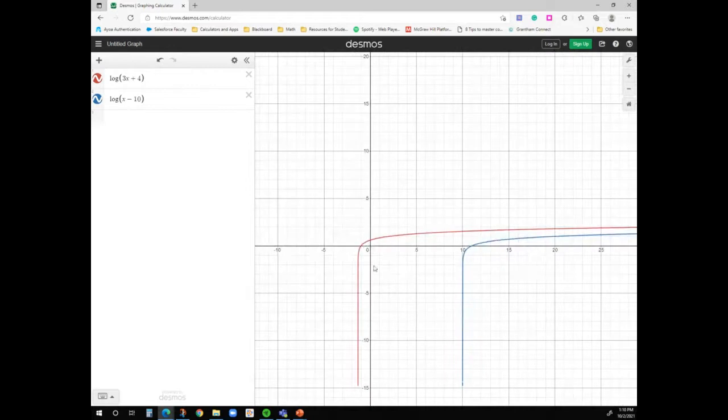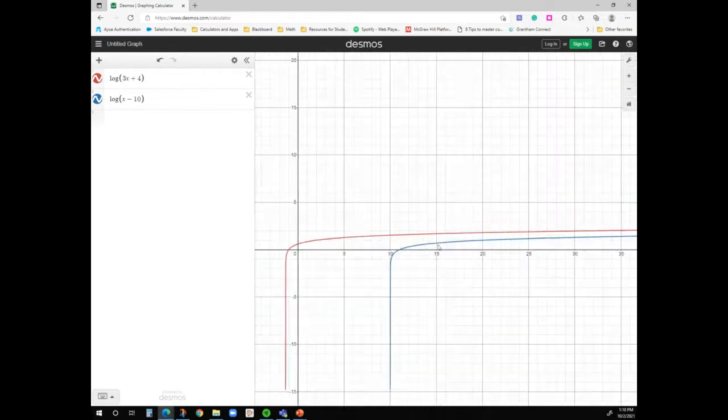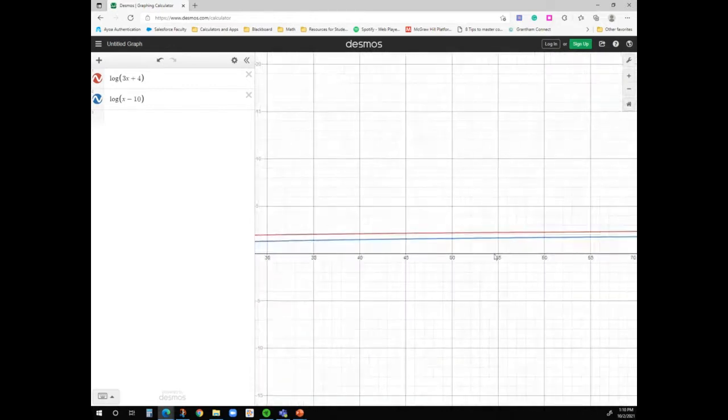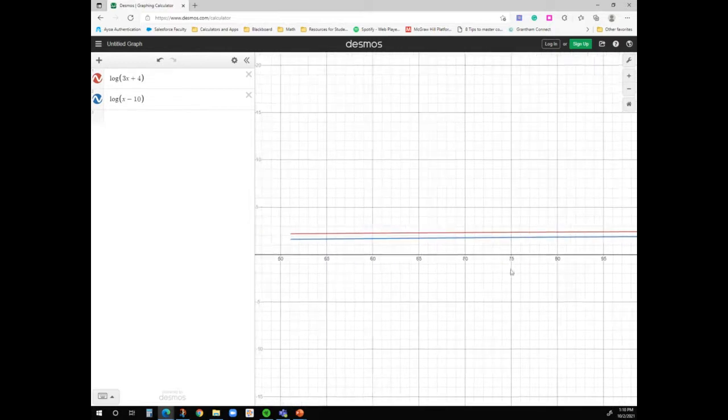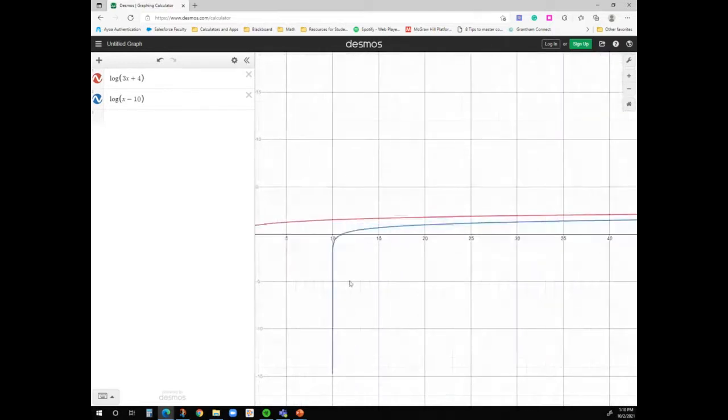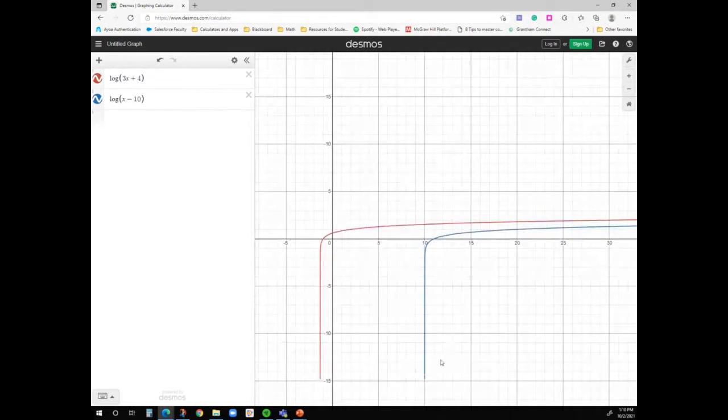When I zoom out, you can see they're never actually going to overlap, because as I go to the right, they basically stay the same distance apart. So that's why there is no solution. You can graphically check your solution by seeing, does the left side equal the right side? Do they intersect?